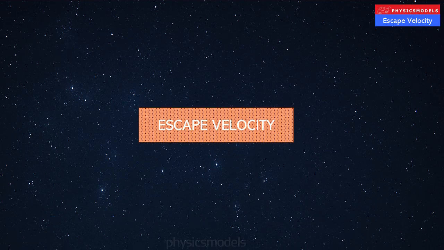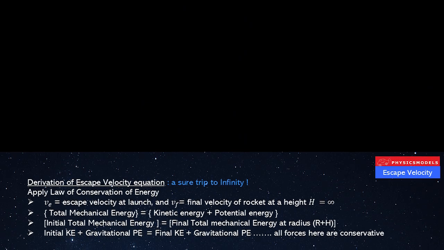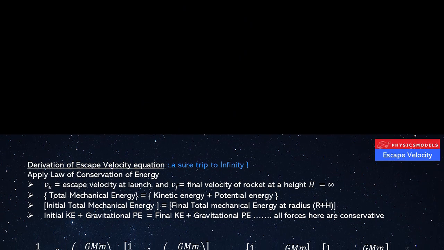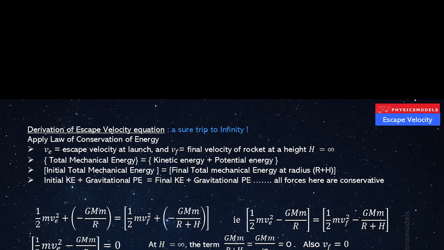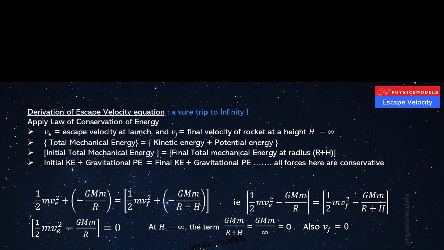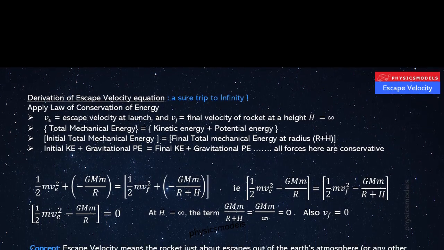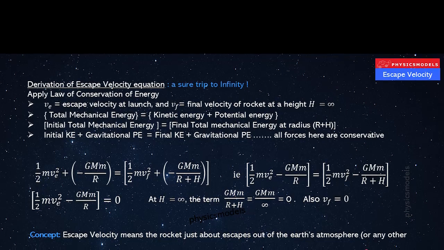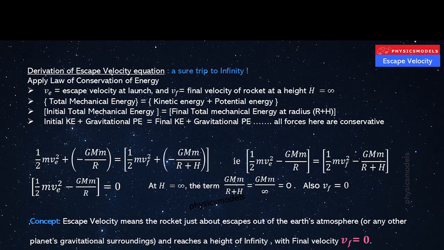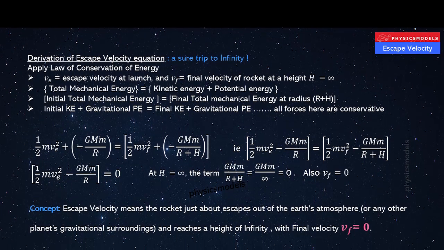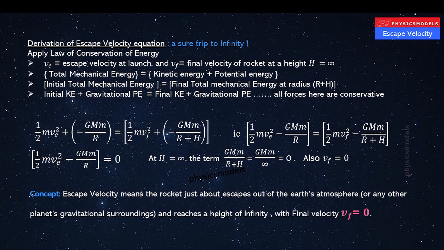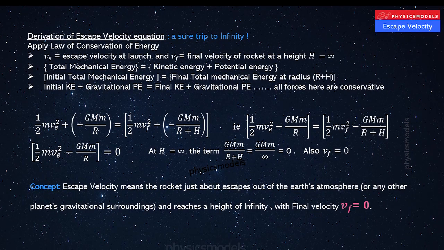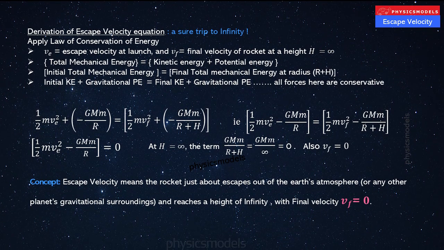Now let's look at the derivation of the equation for escape velocity. Once again, we apply the same law of conservation of mechanical energy. In this case, for initial velocity, instead of u, we can plug in Ve. All the other things remain the same. On the right hand side of the equation, final velocity is 0 when the rocket goes to infinity.